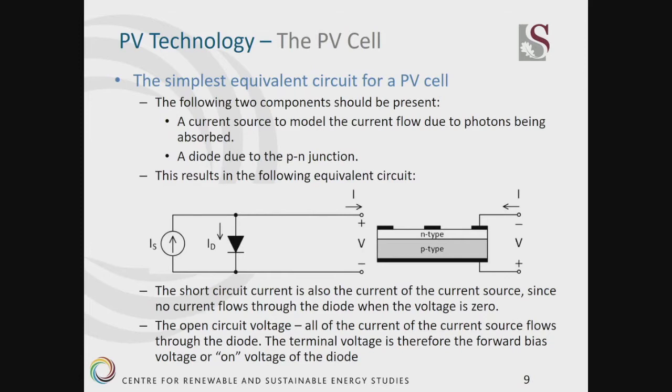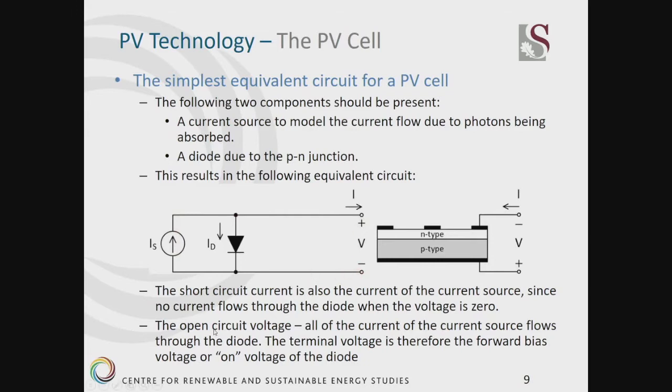The short circuit current is also the current of the current source, since no current flows through the diode when the voltage is zero. So when the voltage is zero, this means that there is a short circuit at the terminal. No current will be flowing through the diode. All the current will be flowing from the current source through the short circuit.